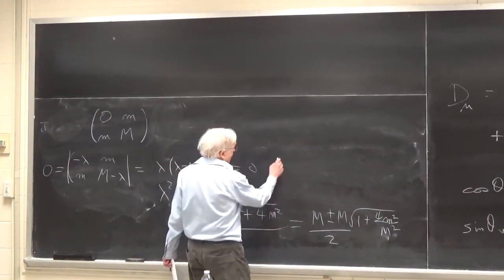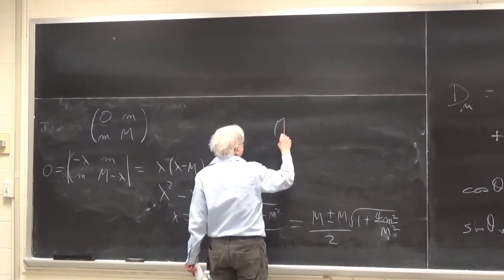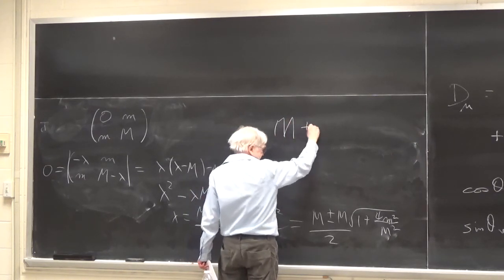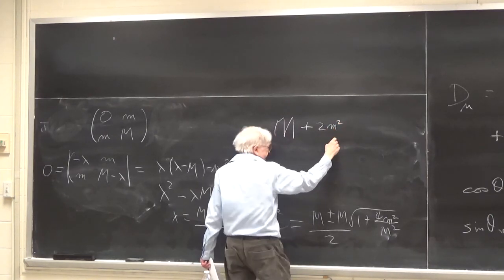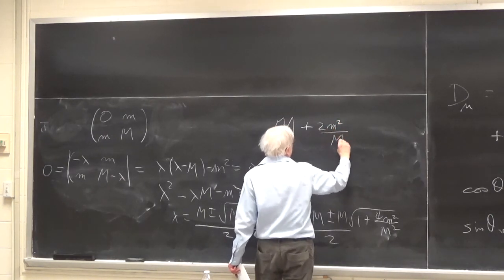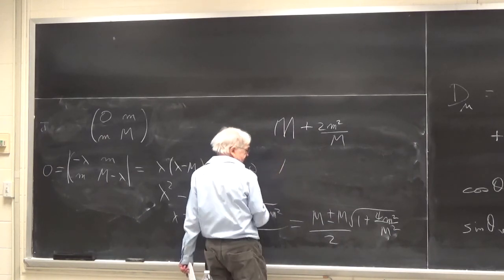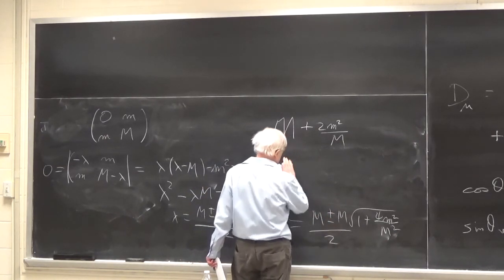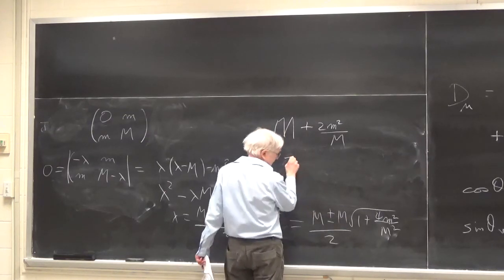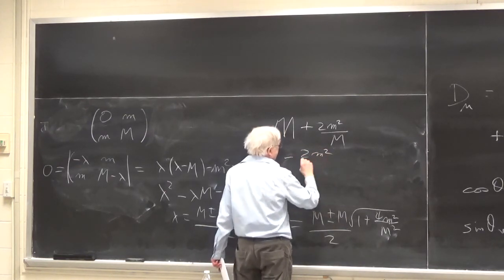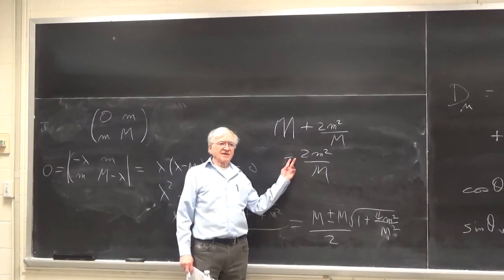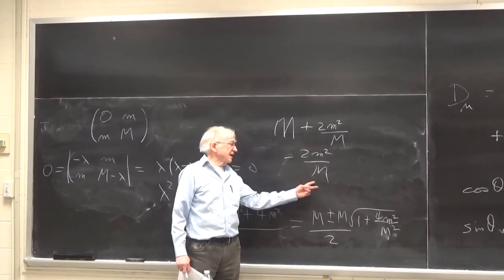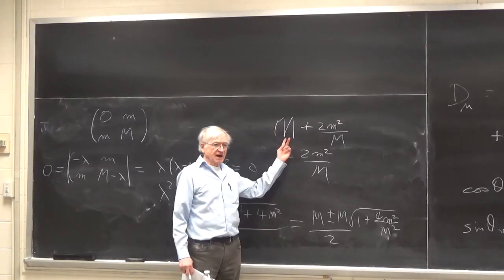So one mass is big M plus 2 little m squared over M, and the other is minus 2m squared over M. As I said before, the minus sign doesn't matter in the mass of a fermion. So this gives you a very heavy fermion, and this gives you a very light fermion.